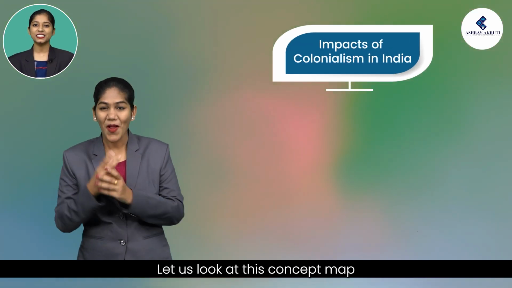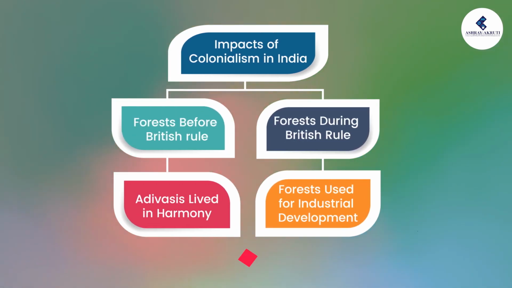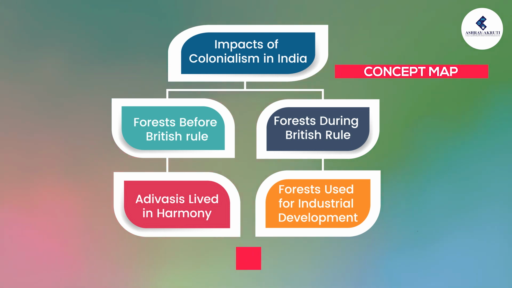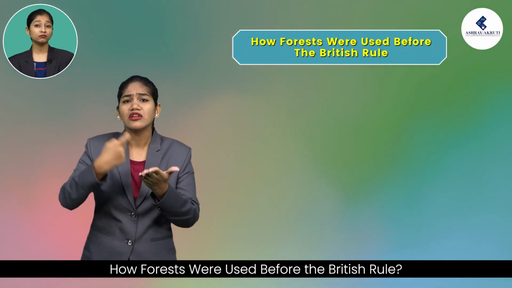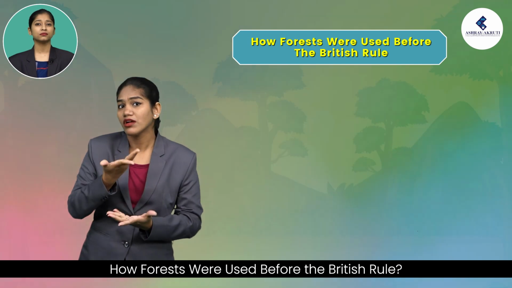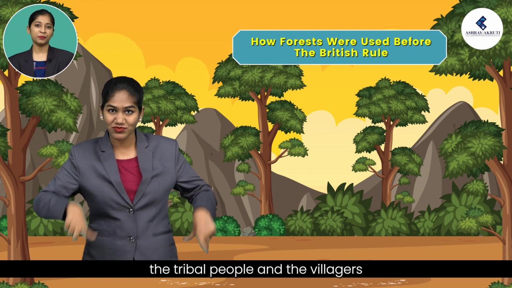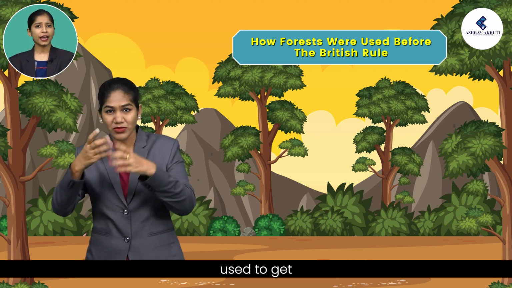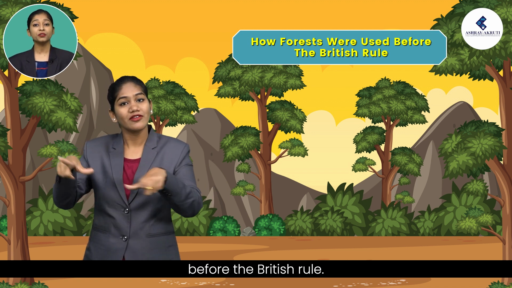Let us look at this concept map. How forests were used before the British rule? Adivasis, or the tribal people, and the villagers used to get what they needed from the forest before the British rule.